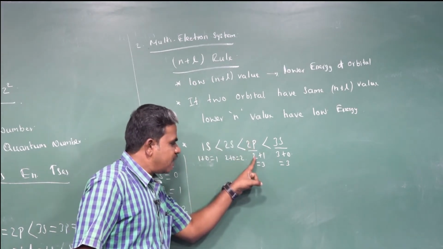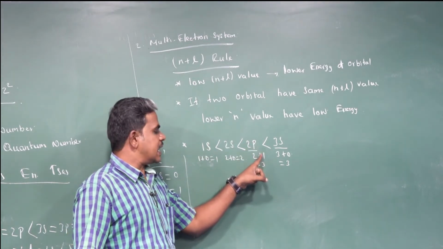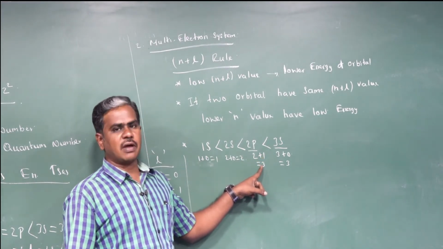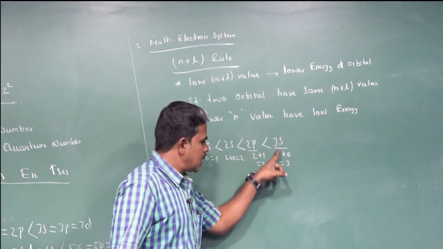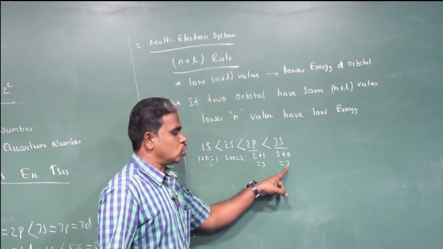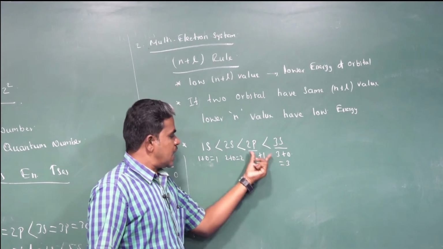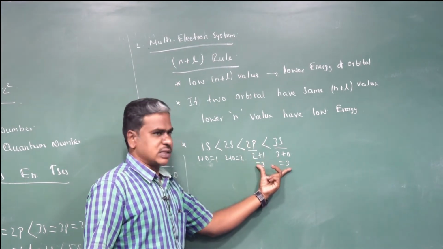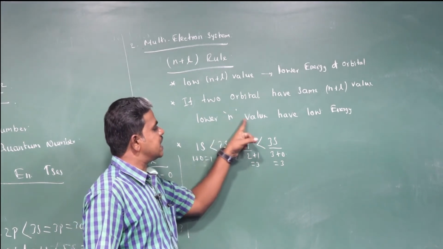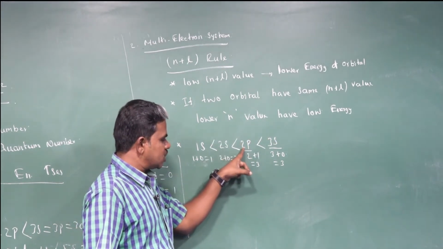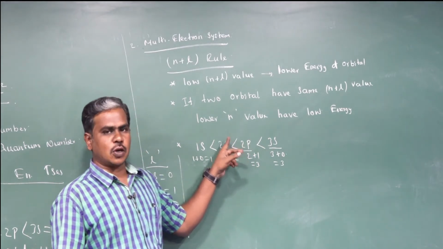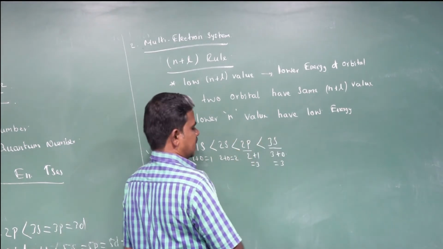For 2p, n is 2 and l is 1, so the total is 3. For 3s, n is 3 and l is 0, so the total is 3. The n plus l values are the same, so we consider the lowest n value, which is 2, and then 3. So the 2p orbital has lower energy than 3s.